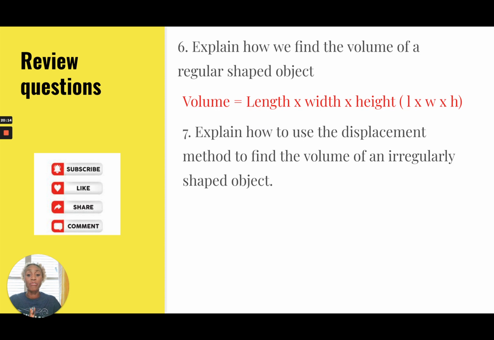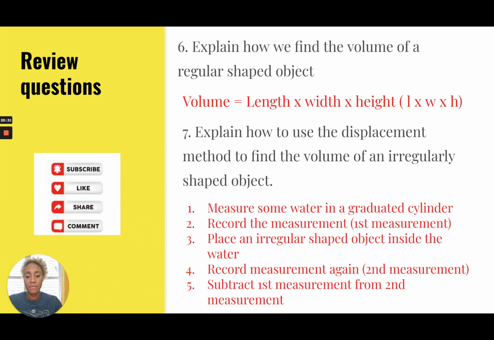And for our final question, guys, explain how to use the displacement method to find the volume of an irregularly shaped object. I'm waiting. Good job. Very good. So first, you measure some water in a graduated cylinder or measuring cup. You record the measurement as first measurement.